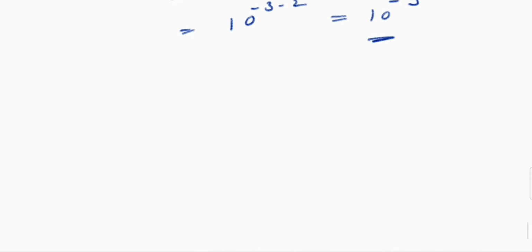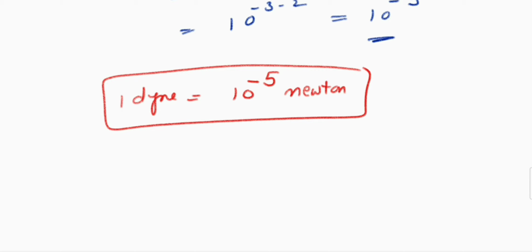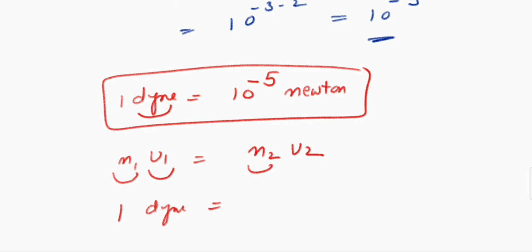So the relation is 1 dyne is equal to 10 raised to power minus 5 Newton. If you see, this relation is similar to n1 u1 is equal to n2 u2. The numerical value 1 has the unit dyne here, and n2 is equal to 10 raised to power minus 5 and the unit is Newton.